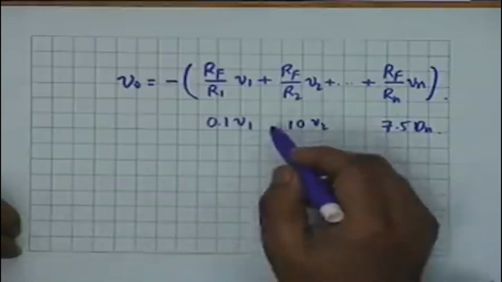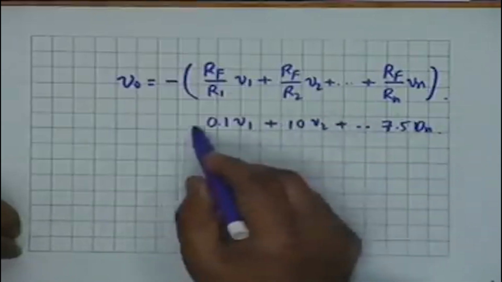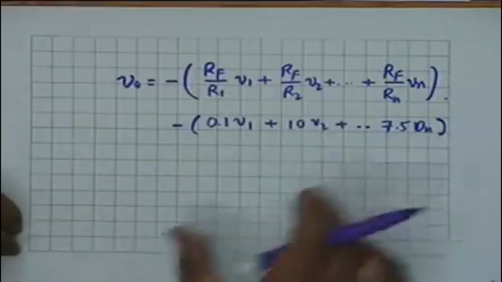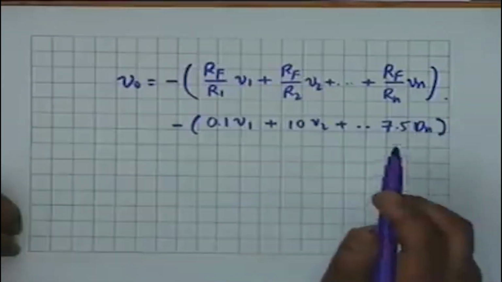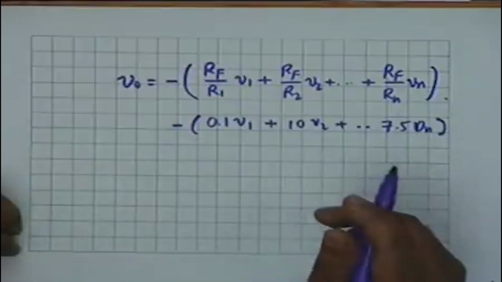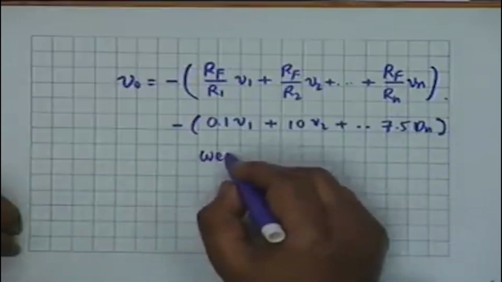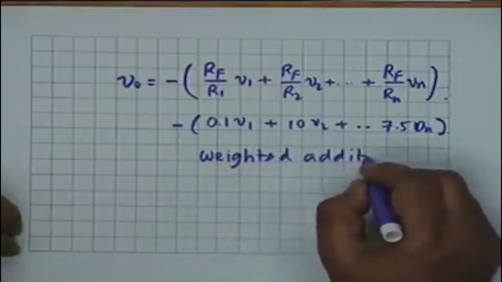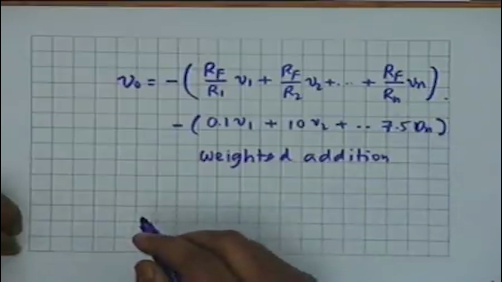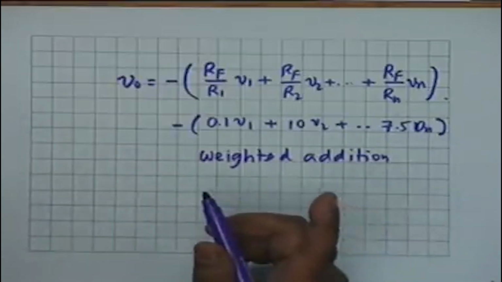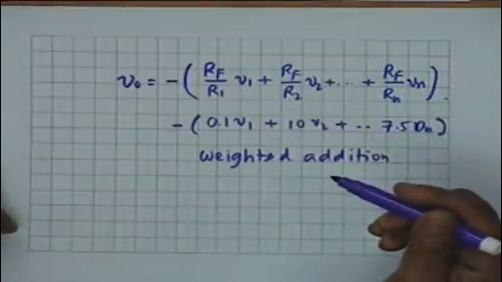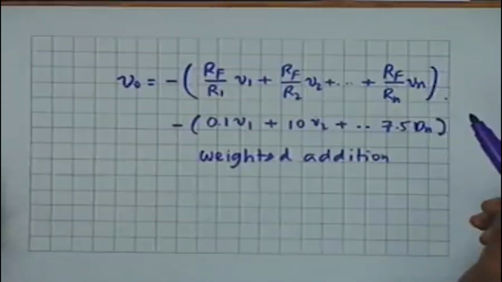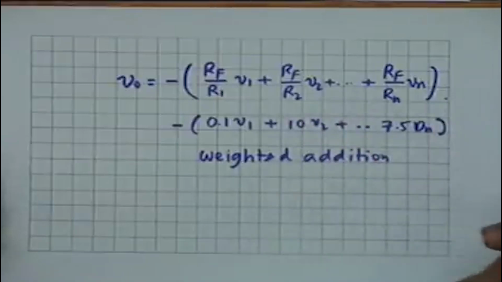So it is a weighted addition of voltages. If you simply want to add them, then you make all resistors equal. Make Rf equal to R1, Rf equal to R2, Rf equal to Rn, and therefore you will simply get V1 plus V2 plus Vn and so on.